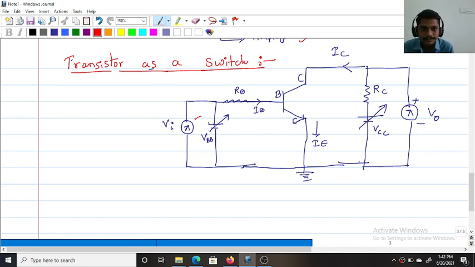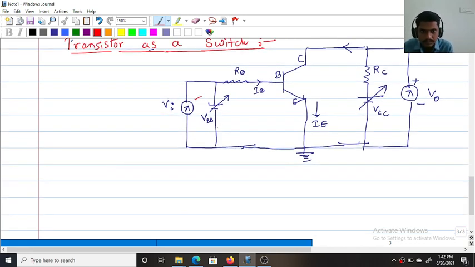Here I want to apply Kirchhoff's laws. This is the first loop and this is the second loop. This is called the input loop and this is called the output loop.